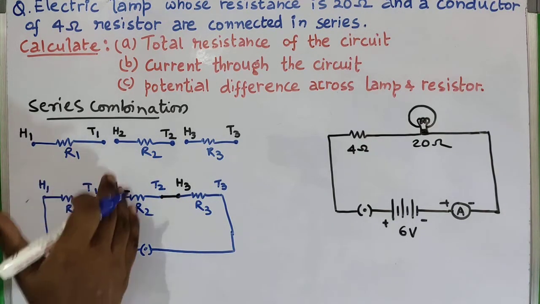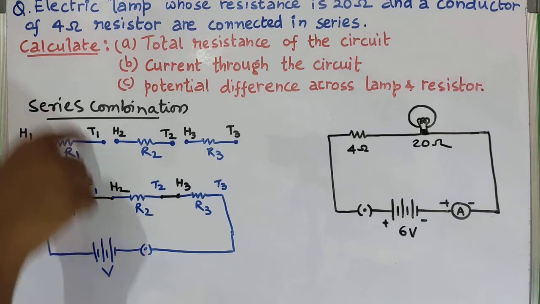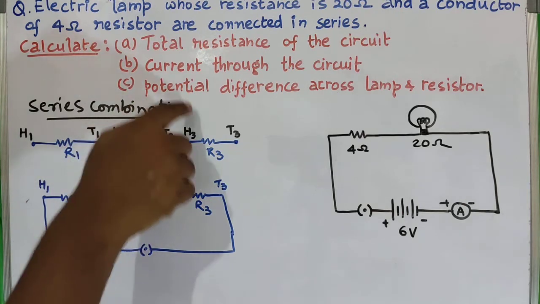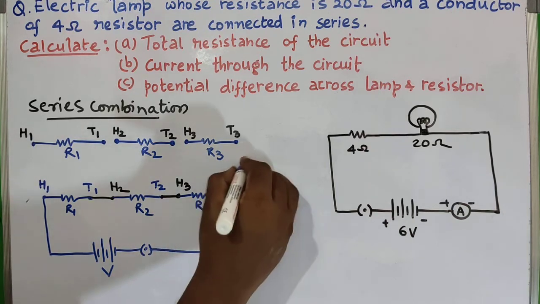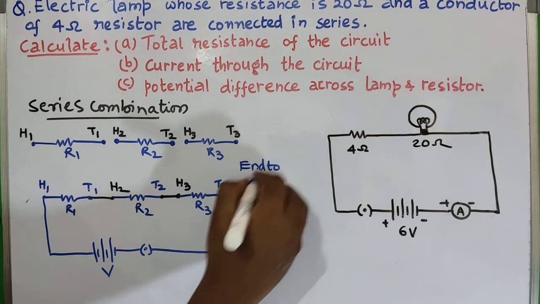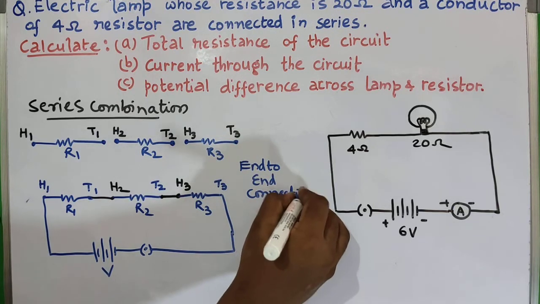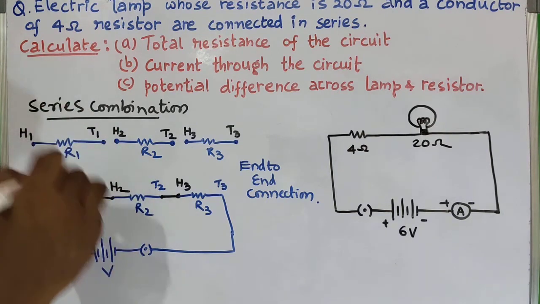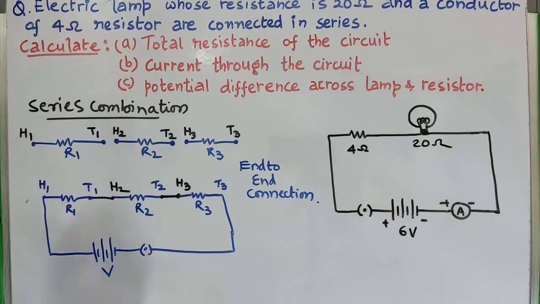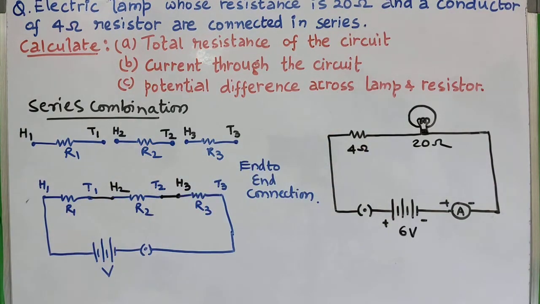So resistors are coming one after the other, to this end connect the other end of the other resistor. So you can say it is an end to end connection, or like I said, to the tail of one resistor connect the head of the other resistor, and so on. So how many resistors you wish? According to your circuit, you can connect n number of resistors in this combination.